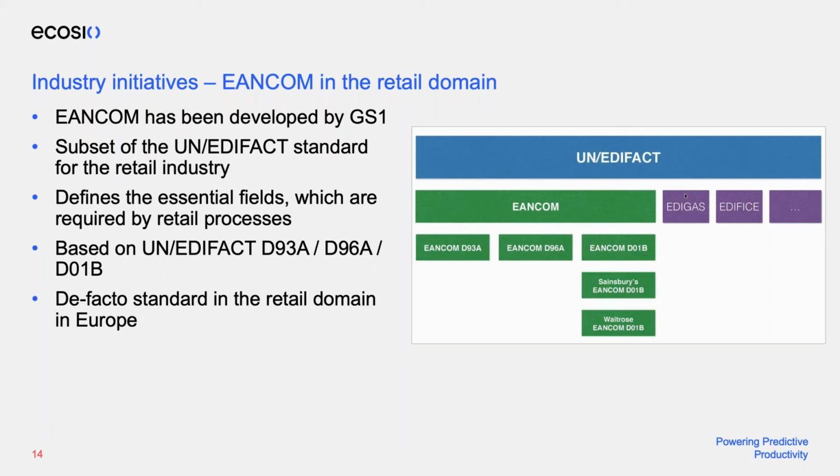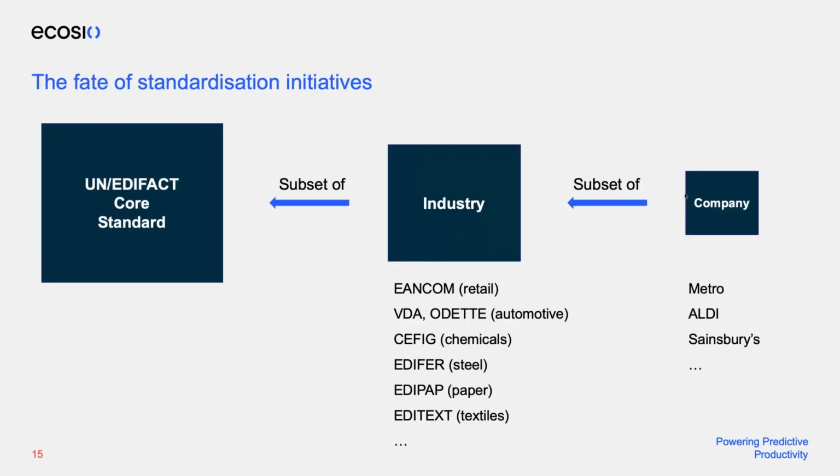Both of these standards, the VDA standard and the EANCOM standard, they share the same fate. I would call it the fate of standardization initiatives. As one can see here, we do have a worldwide UN EDIFACT core standard, which is developed by the United Nations and is a generic and very broad standard.